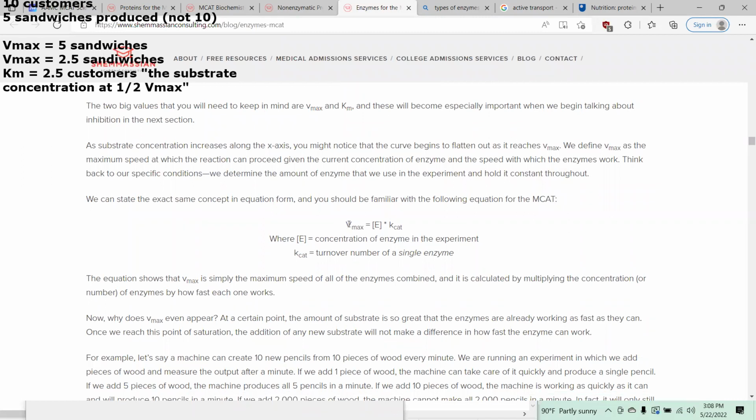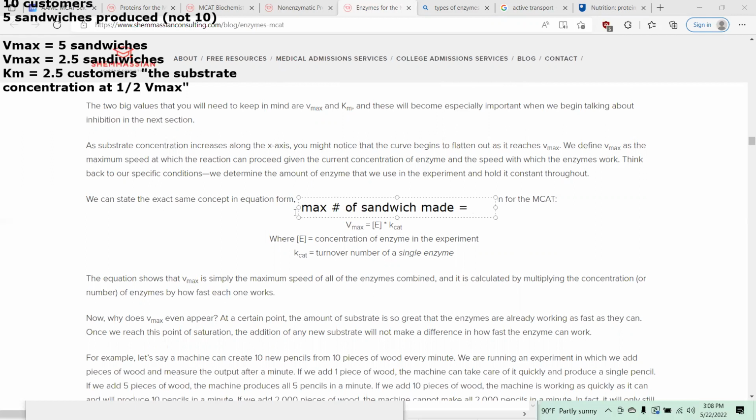The equation is Vmax equals the enzyme concentration times the K catalytic. If we convert it to our sandwich explanation, our Vmax is the max number of sandwiches made, right?